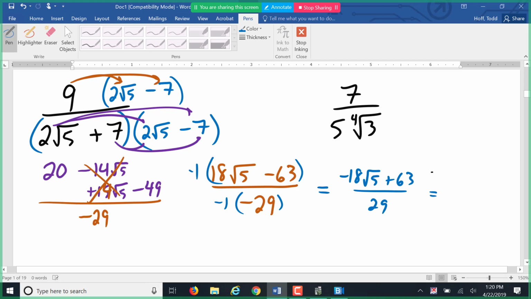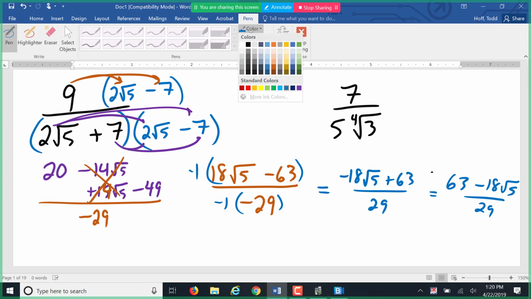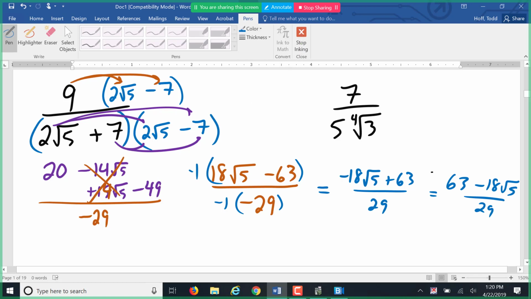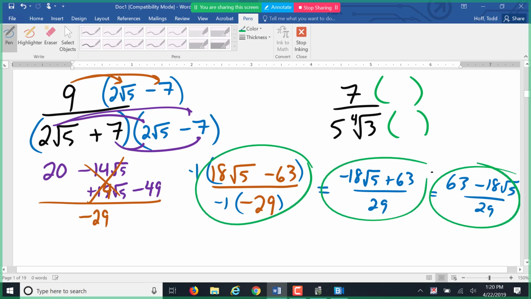They might even go so far as to make this 63 minus 18 root 5 over 29. Any one of these three answers is acceptable to me, by the way. Just be aware that my math lab may ask you to rearrange that a bit.